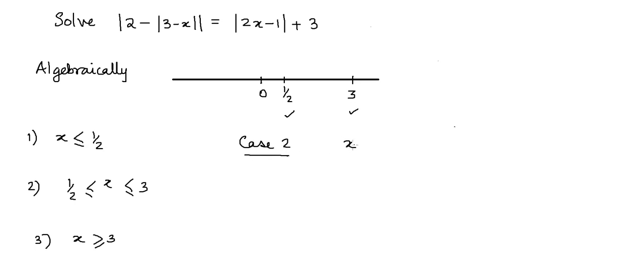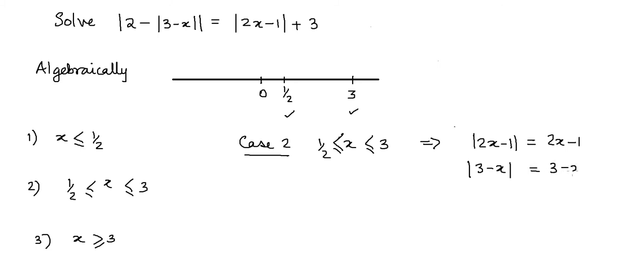Case 2 is when x is greater than half but is less than 3. So what happens is the absolute value of 2x minus 1 is equal to 2x minus 1 in this case, because x is greater than half. However, the absolute value of 3 minus x stays as 3 minus x, because x is still less than 3.